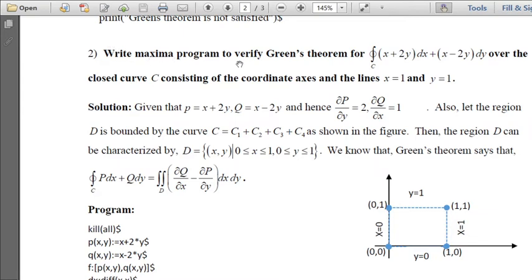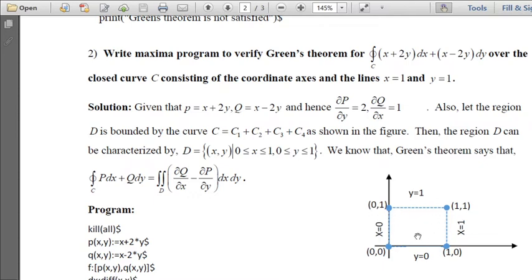Write a Maxima program to verify Green's theorem for this function over the closed curve C consisting of coordinate axis and the lines x equal to 1 and y equal to 1. We know that coordinate axis means x equal to 0, this, and y equal to 0. And they are given x equal to 1, so this line, and y equal to 1, this line. So all of them are intersecting here.